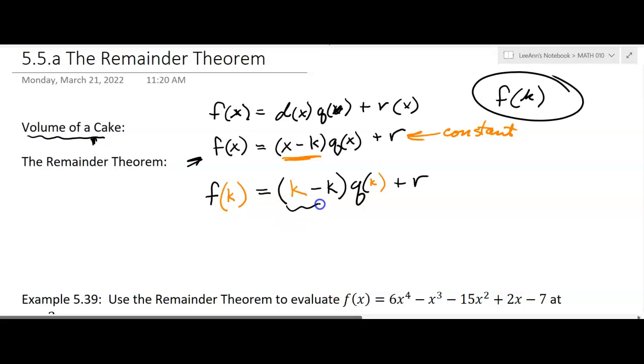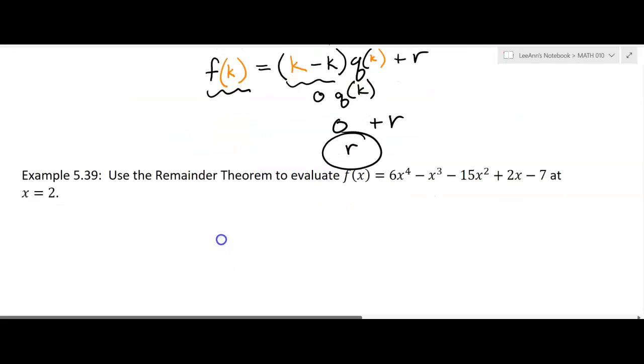Well, what's k minus k? 0. What's 0 times q of k? 0. So you get 0 plus r, or just r. So if you want to evaluate a polynomial at some number, you can just divide by the factor, and whatever the remainder is, that equals the evaluation. Now, because of synthetic division, we're going to be able to do this really easily.